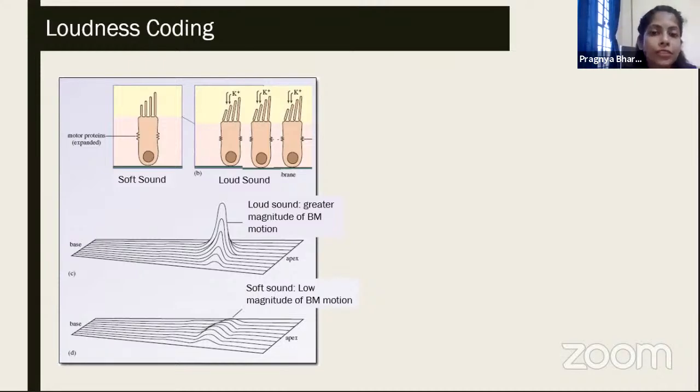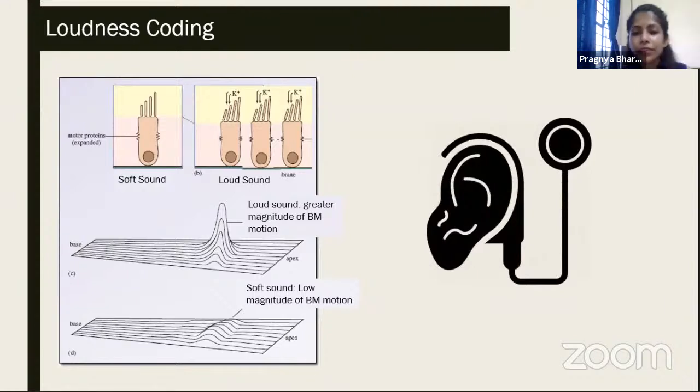Whereas for a louder sound, the displacement in the basilar membrane is much more, and hence it ends up stimulating a lot more of the hair cells and corresponding neural fibers. So as the number of stimulated hair cells or neurons increases, the loudness perception increases.